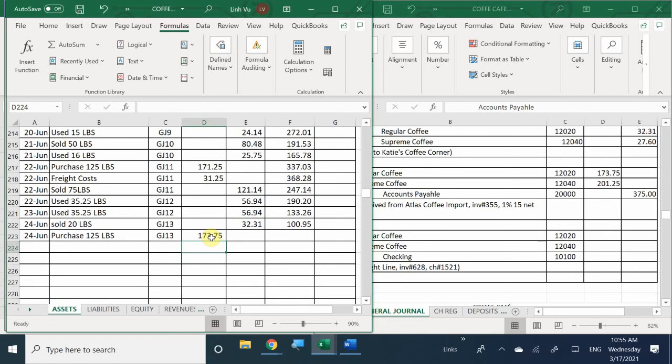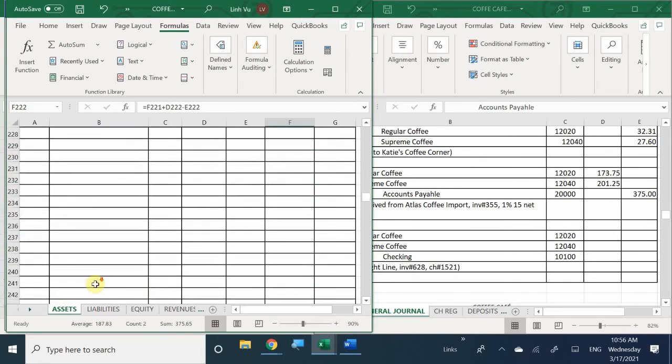Okay. So therefore, what should be my ending balance in my regular coffee? 274.70. Good.